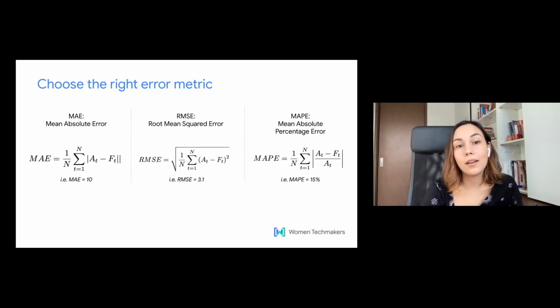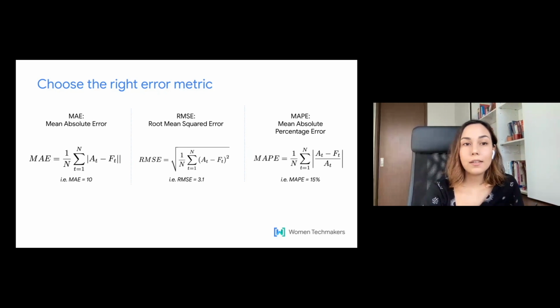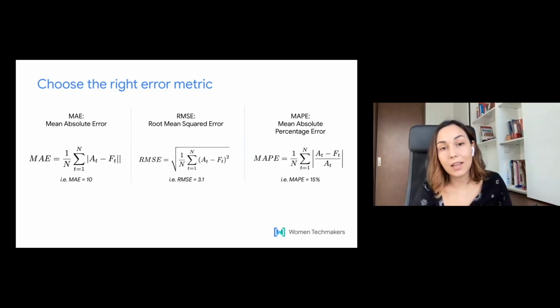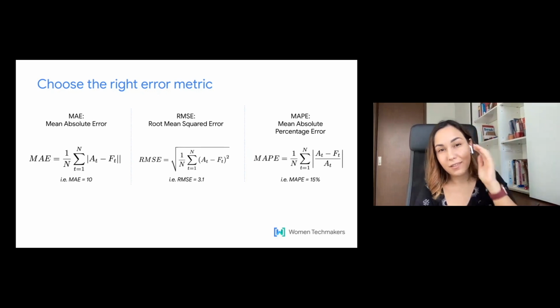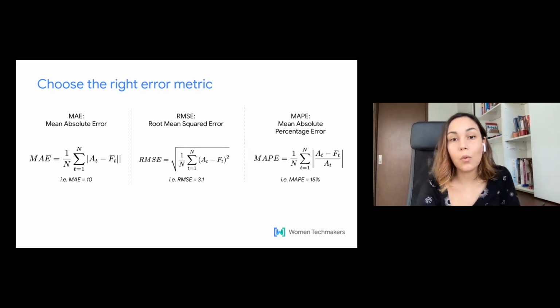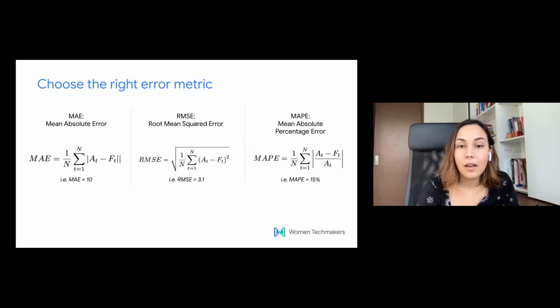And then you take the absolute value of that and the mean, of course. So here, you will be able to say, my error is about 15%, which, in business terms, gives you a clear idea of how your error will have effects on the business.